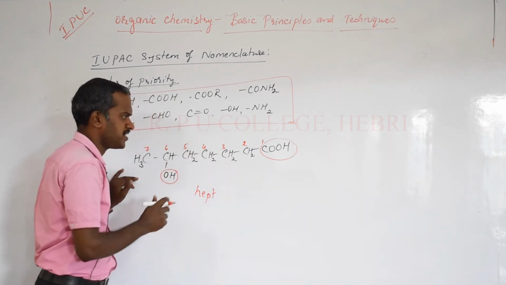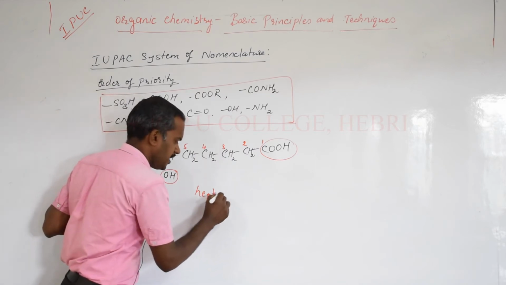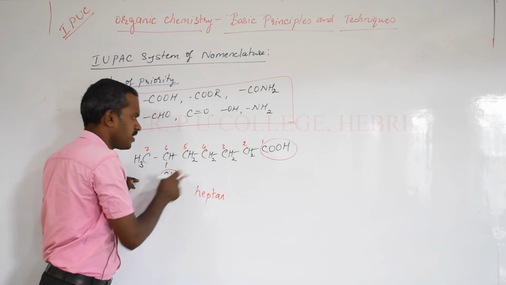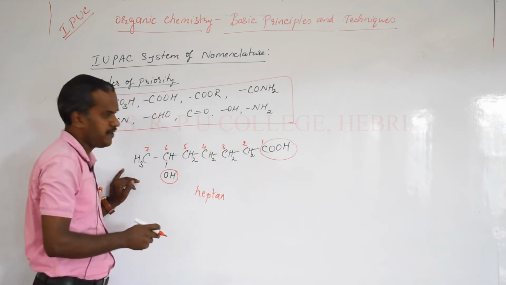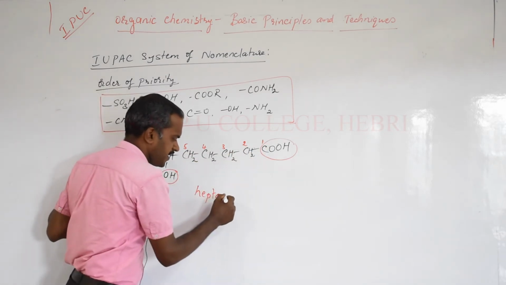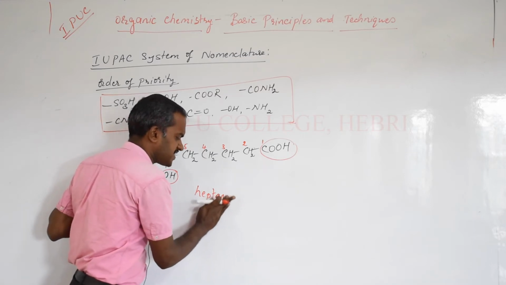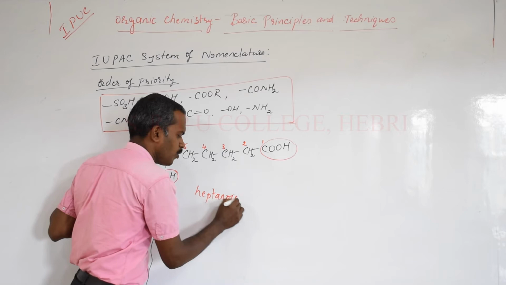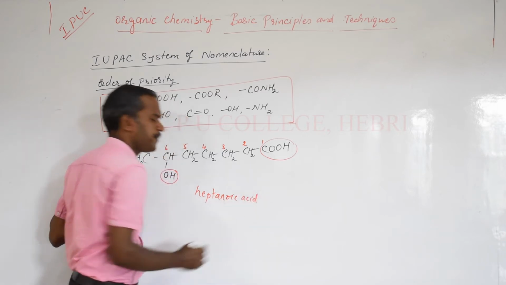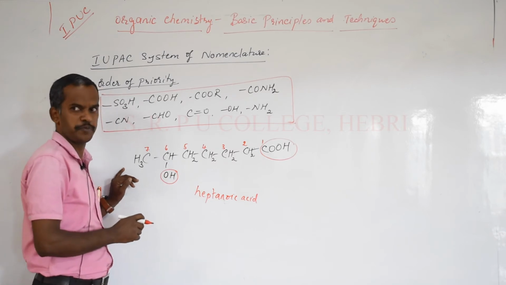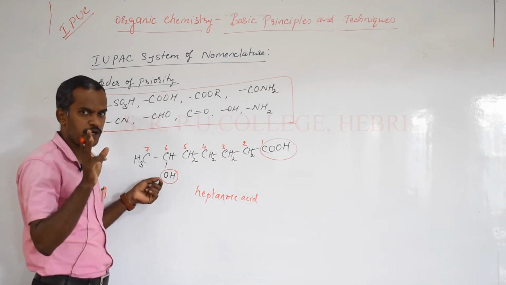Between the carbon atoms there is only a single bond, so an. Now I told you that among these two the functional group is carboxylic acid only. So next comes the ane, where the e we replace with oic acid, that you remember, it becomes oic acid, heptanoic acid. But we didn't mention anything about the hydroxy group here. Remember the words we use.